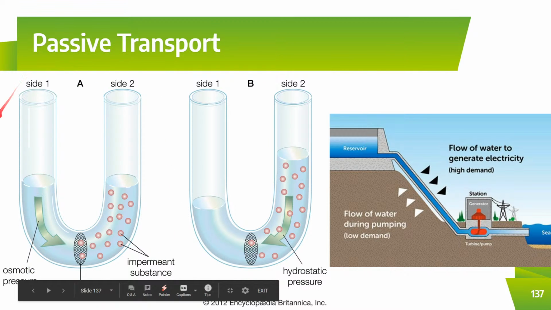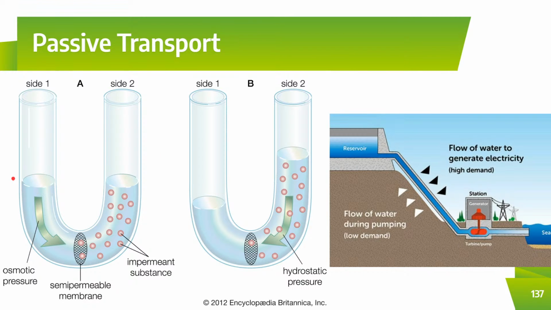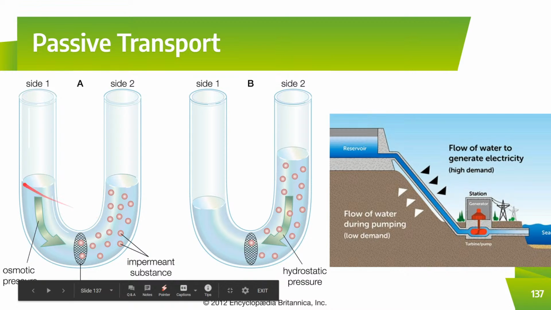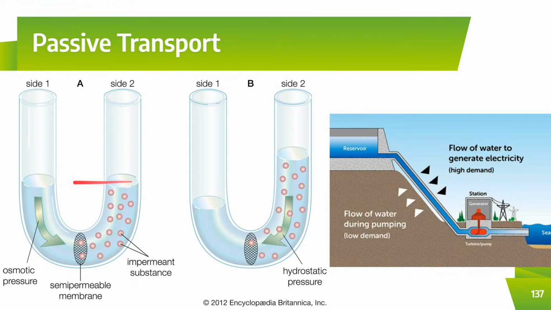Here we have a U-shaped glass tube, and it has water inside of it. In the beginning, if you just don't look at the dots on the right side, let's just say we have water in there. So both levels of the water surfaces would be even, both at the same height.